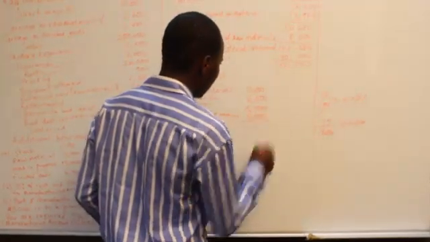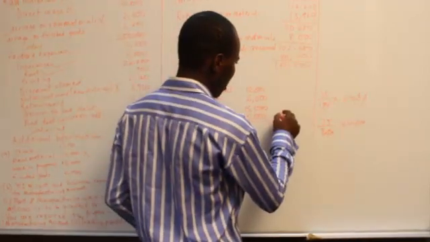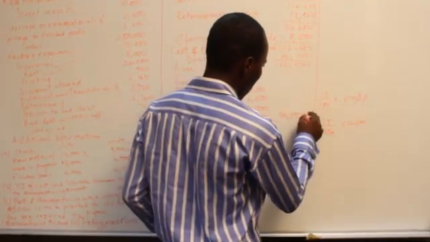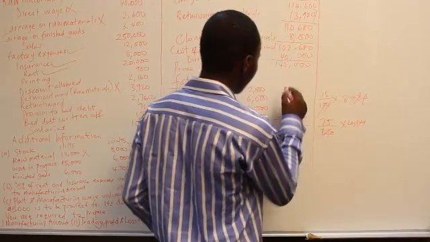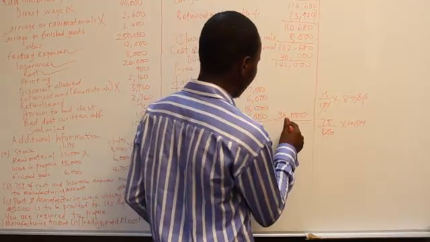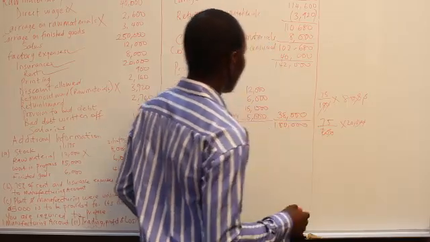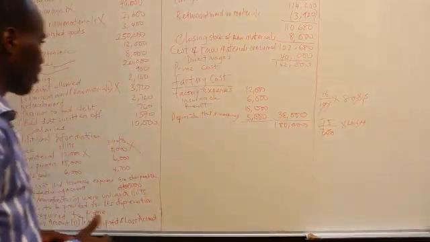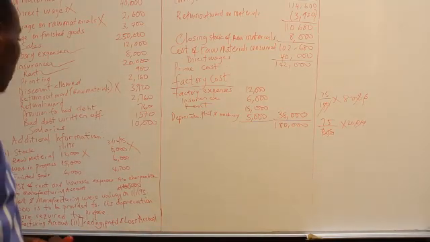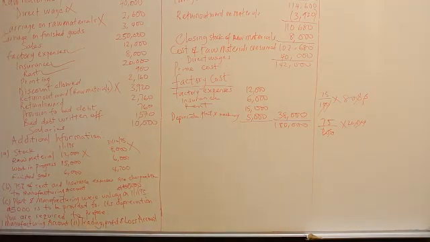So we add everything, that gives us 38,000 naira. We add it to our prime cost to get 180,000 naira. The next thing is to make adjustments for work in progress.